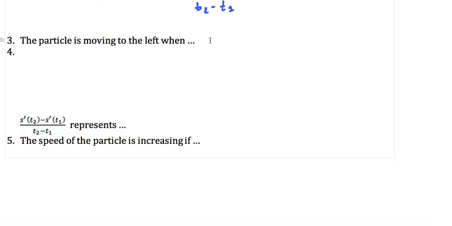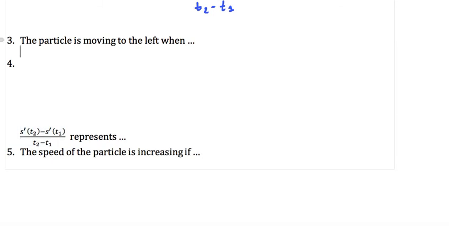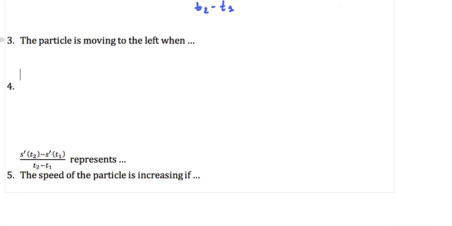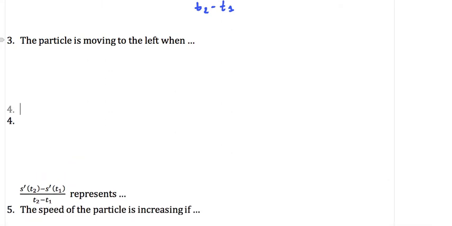The particle is moving to the left really when the velocity is negative. In other words, whenever the velocity is towards the left, that's when the particle is moving to the left. And the way that we represent velocity, remember, instantaneous velocity is the derivative of the position function.